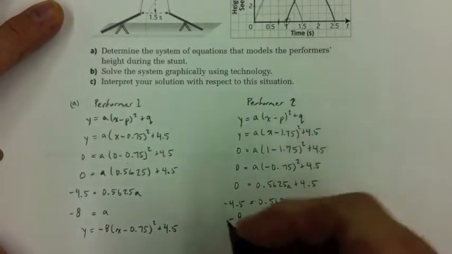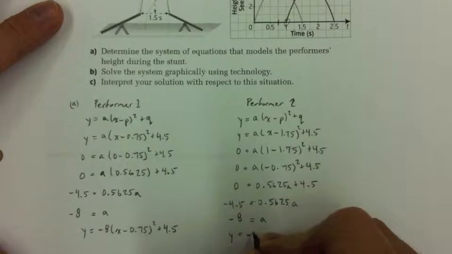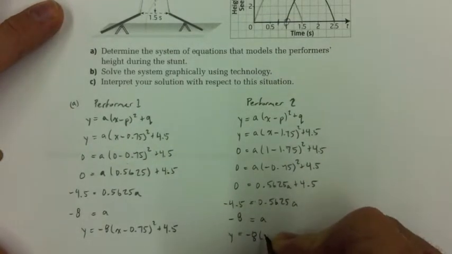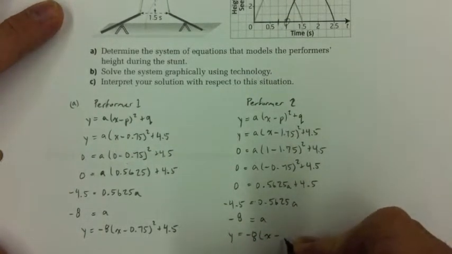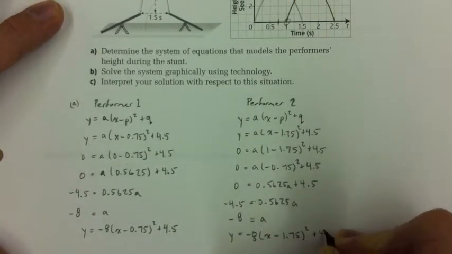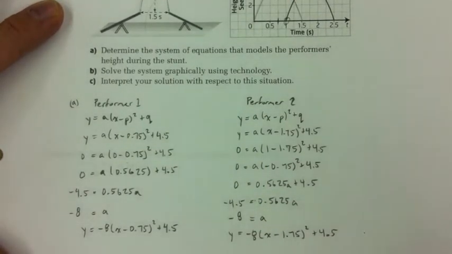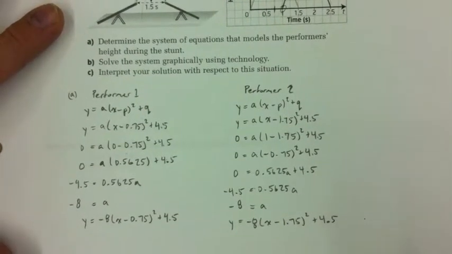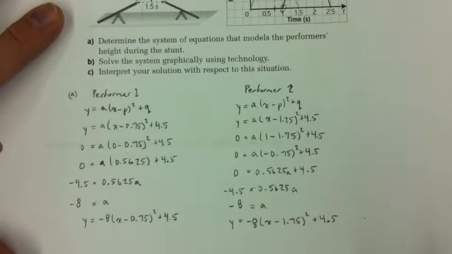So the equation of our second performer is y equals negative 8 times (x minus 1.75) squared plus 4.5. Those are our two equations for our two performers.